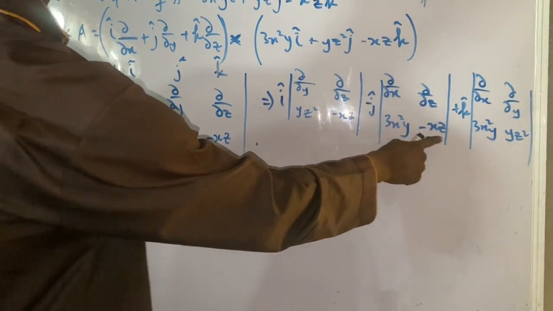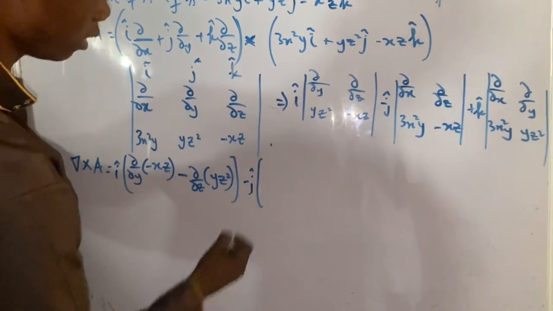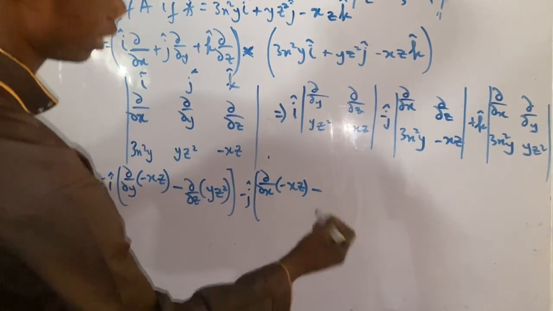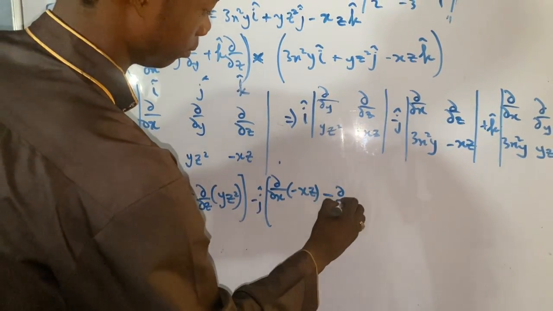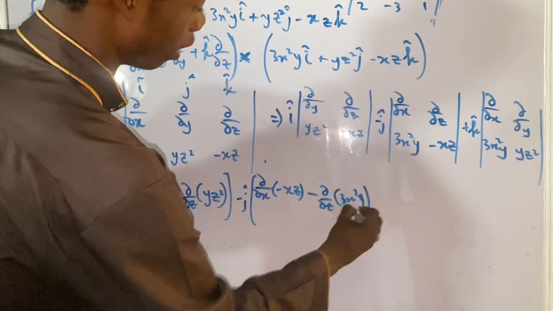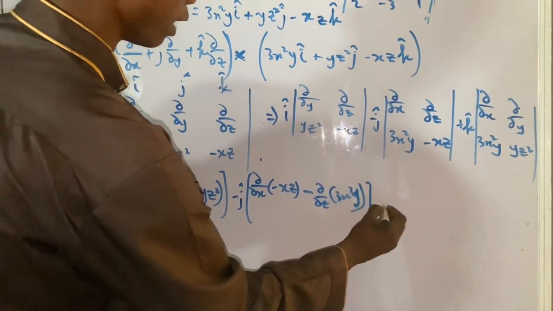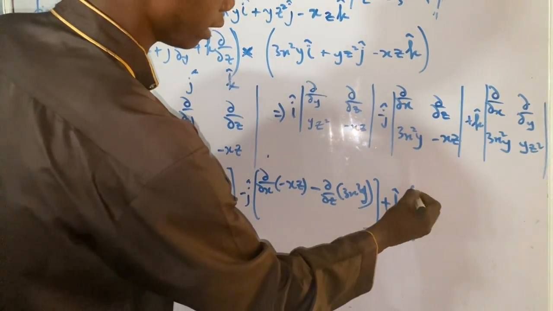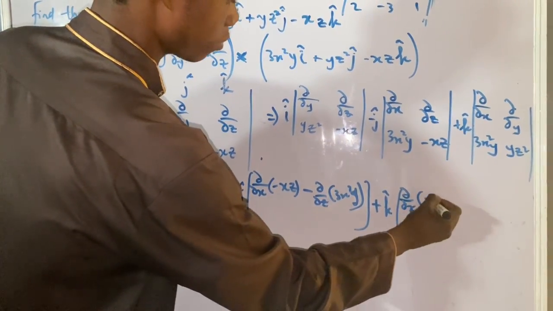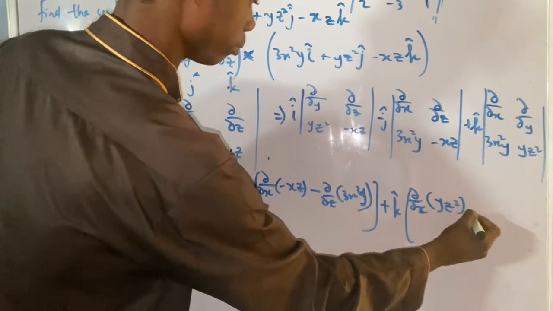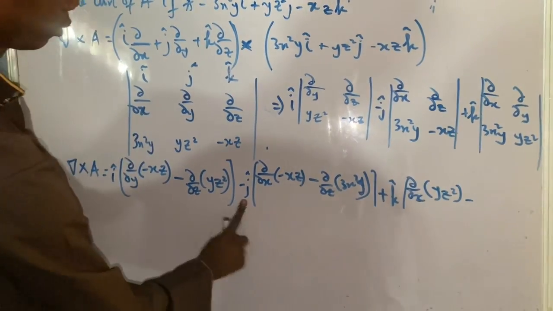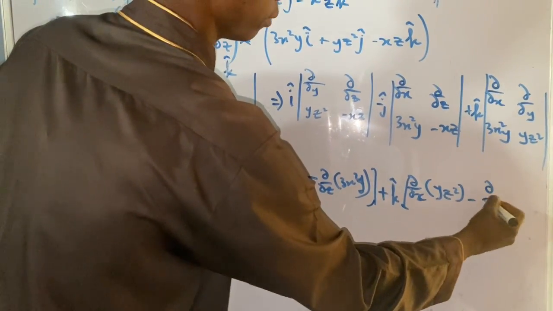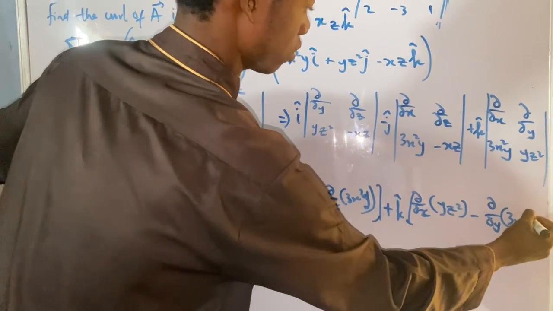This is del x times minus xz, minus del z times 3x squared y. Plus k, del x times yz squared, minus del y times 3x squared y.